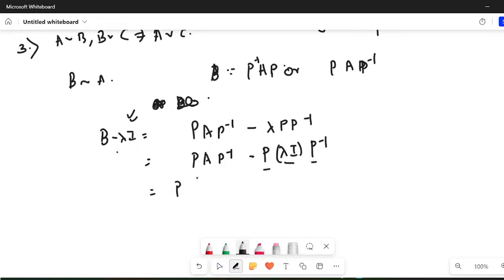Now I can take P common out, and I get P times A minus lambda I, post-multiplied with P inverse. So this is your B minus lambda I.